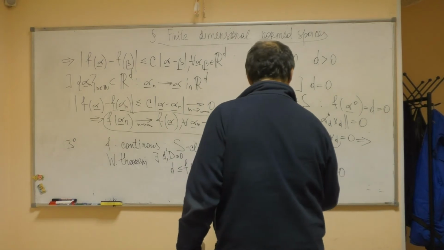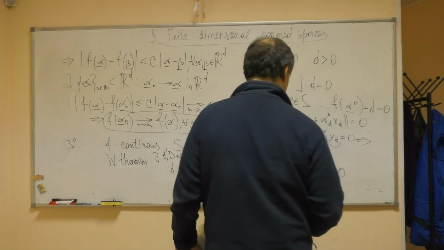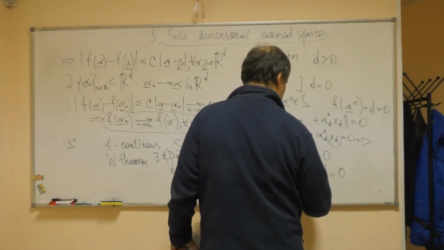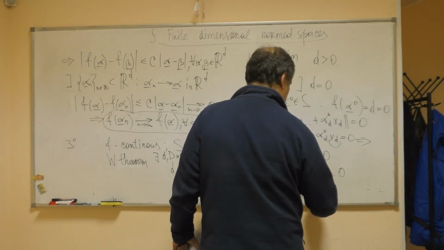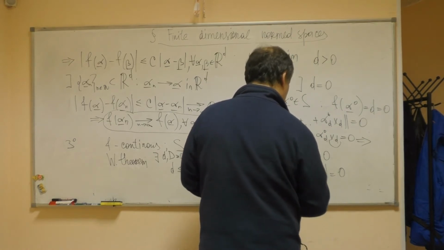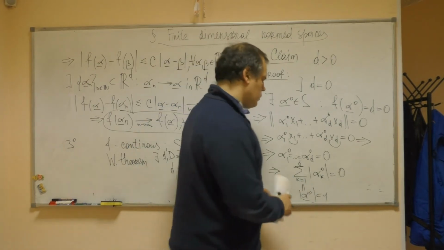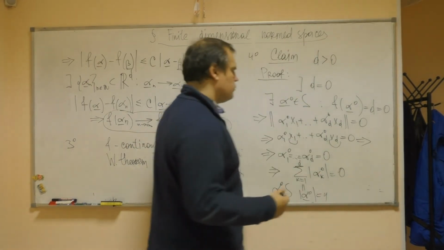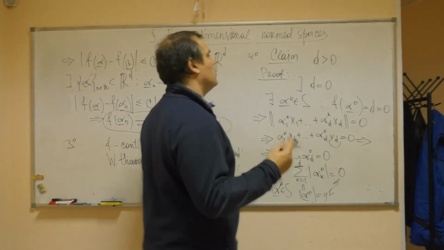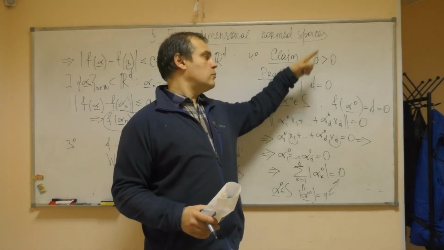But alpha 0 belongs to S, so this sum of absolute values equal to norm of alpha 0, and for all elements in S it needs to be equal to 1. So we have contradiction, and our assumption that d is 0 is wrong.